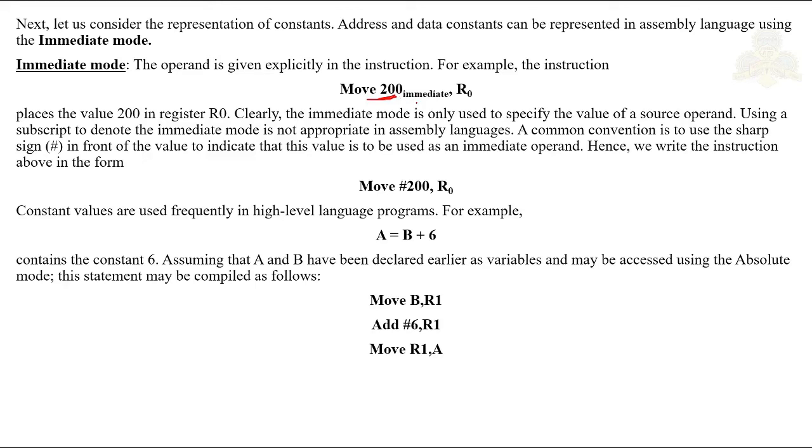We can understand it by reading that it is an immediate mode, but you cannot use this in assembly languages. Instead we can use a sharp sign, pound or hash. So we can write move hash 200 comma R0. Now what does this instruction say? It will move the value 200 into the register R0.